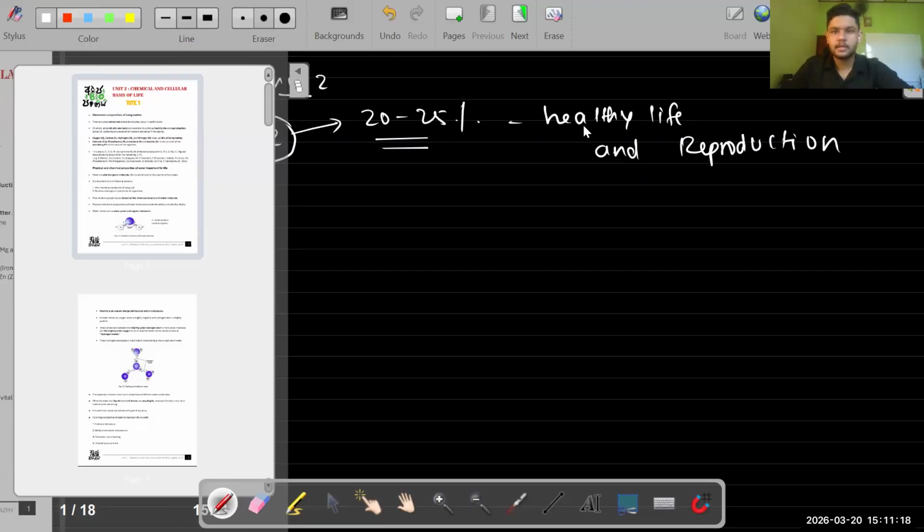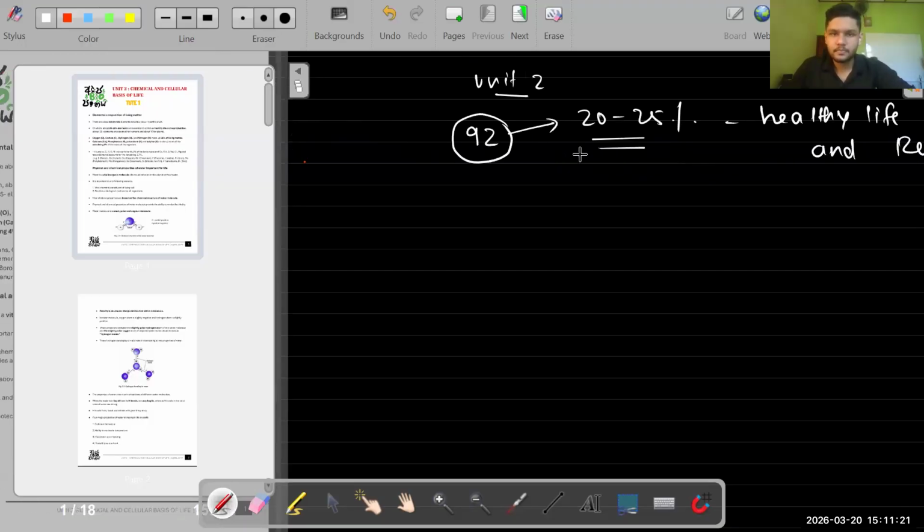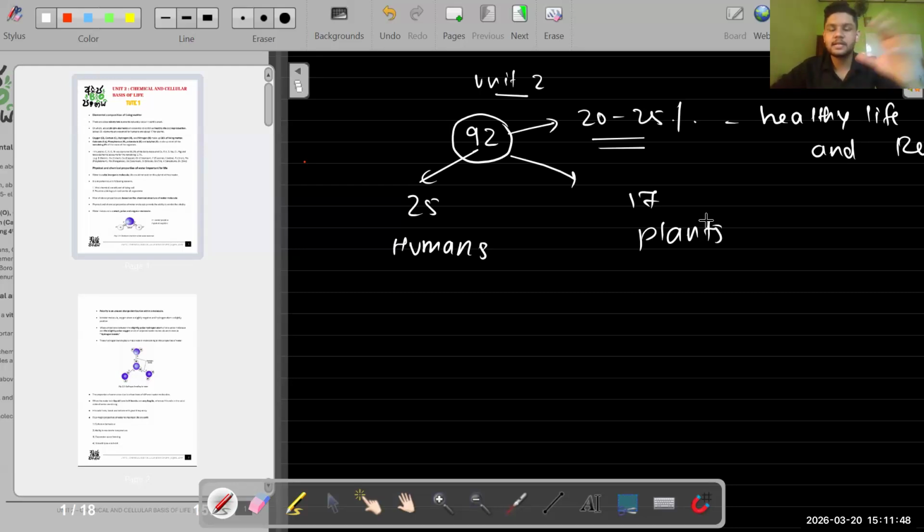And they are saying that from these 92 elements, 25 elements are required for humans and 17 elements are required for plants. They haven't given why or where each is required, or how it contributes. We'll learn this in Unit 4 and Unit 5, which study the elements' contribution to humans as well as plants. So here they are giving just an introduction.